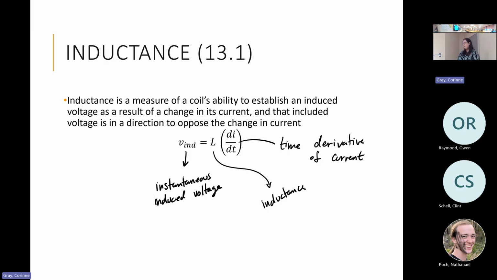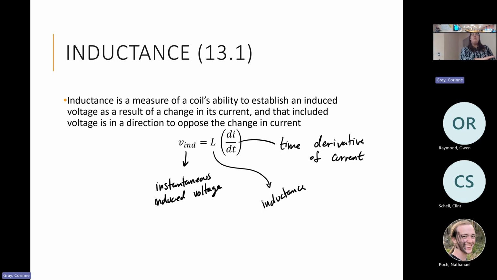So here we have inductance. It is a measure of a coil's ability to establish an induced voltage as a result of the change in the current. This voltage is going to be opposite in direction to the changing current value.